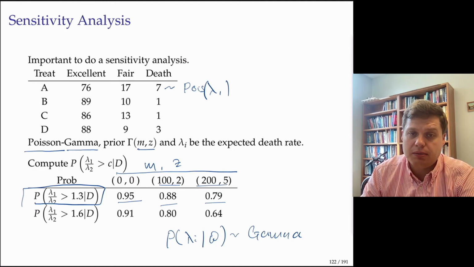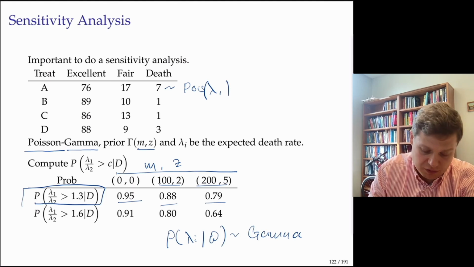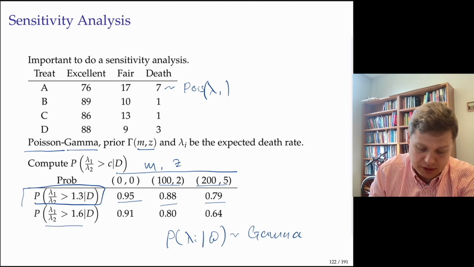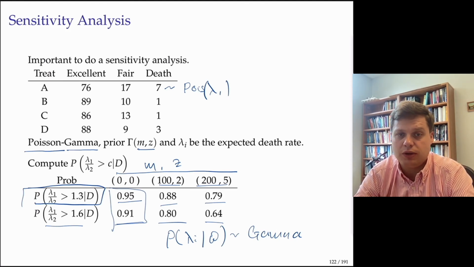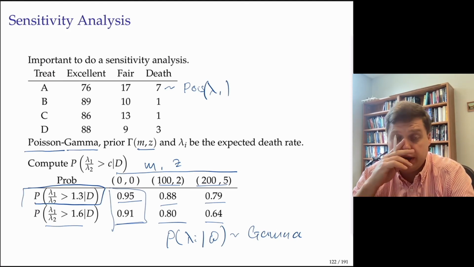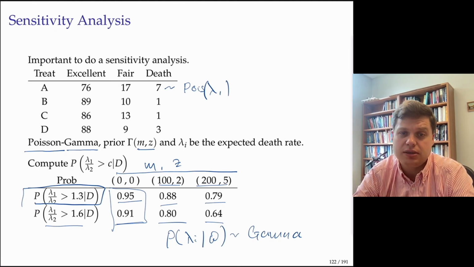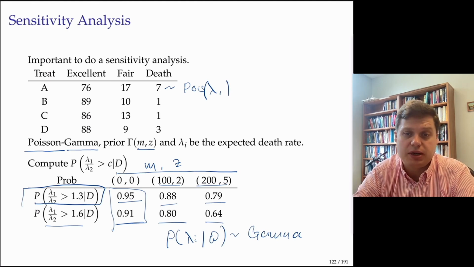If you look at the ratio greater than 1.6, it's 91, 80, and 64%. But the bottom line here is that the choice 0, 0 would be similar to the choice of 1, 1 for the beta prior. We have consistent results here. So our model, the Poisson-Gamma model, tells us pretty much the same thing, that there's heavy evidence showing that the second treatment is a better treatment.